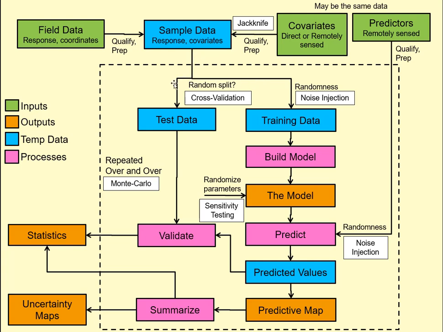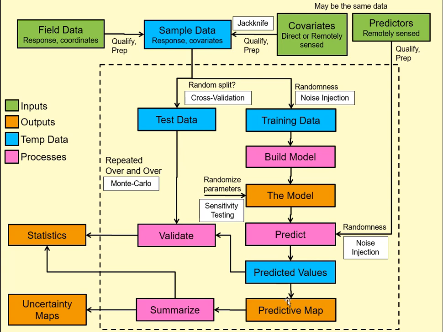Now, if we're going to do validation, we split it into test and training. We use the training data to build our model. That results in our model. From that, we can do predictions using our predictors, which may be the same as our covariates. And out of that, we then get our predicted values. We can then validate those against our test data. We'll talk more about that.